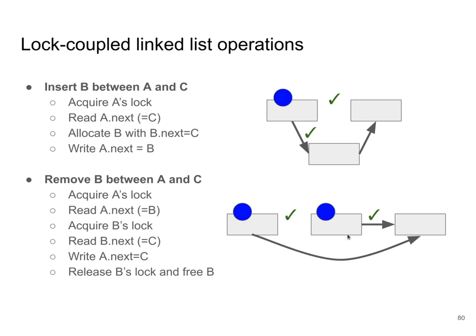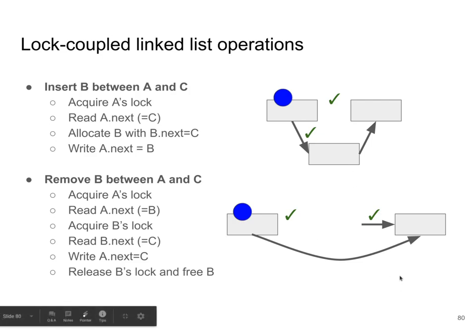So no one is going to access this. That's the reason why we are free to free this block B. So these are basically the linked list operations. Insertion and removal all involve locks like this.